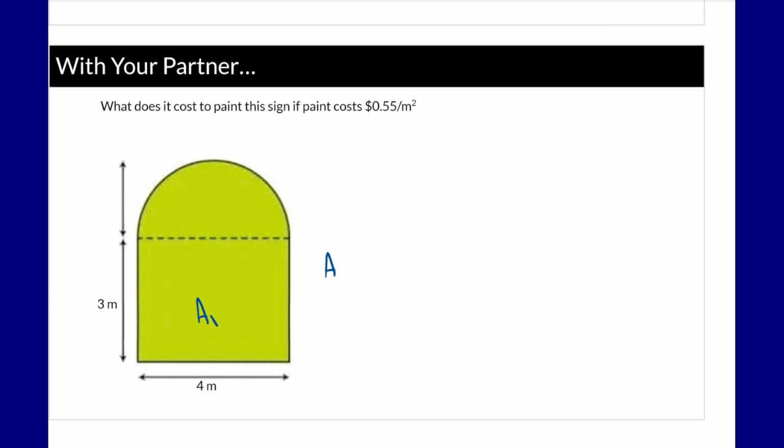For the area, we'll say area 1, area 2. Area 1 is length times width, 4 times 3, or 12 meters squared. For the area of the semicircle, we have pi r squared, and because it's a semicircle, I'm going to divide this by 2 because I only want half the area of a full circle.